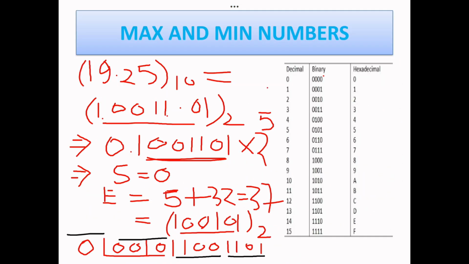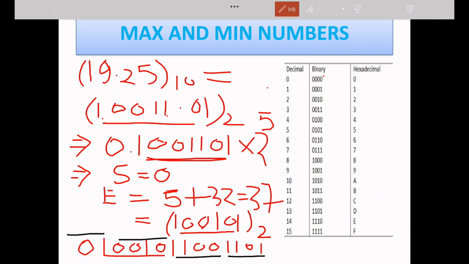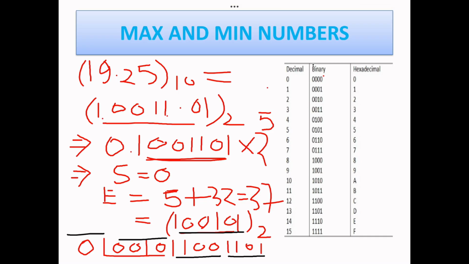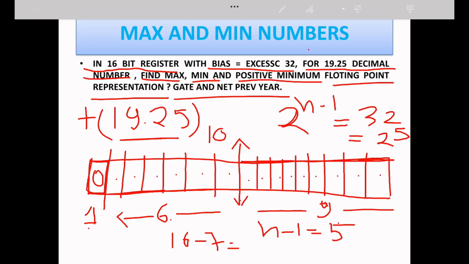What is my number? My number is equal to my mantissa. At first I am writing this number: 1 0 0 1 0 1, 1 0 0 1 0 1. I have done.